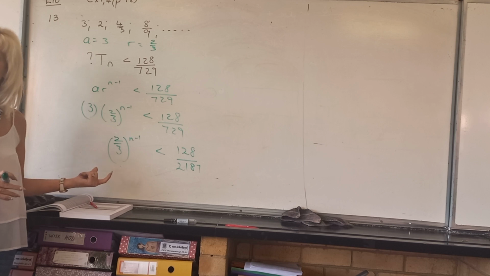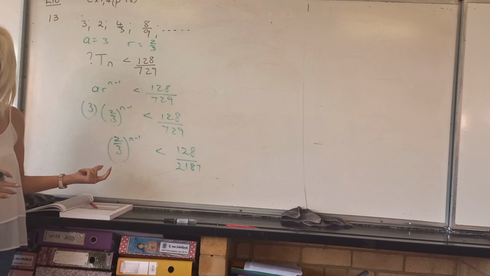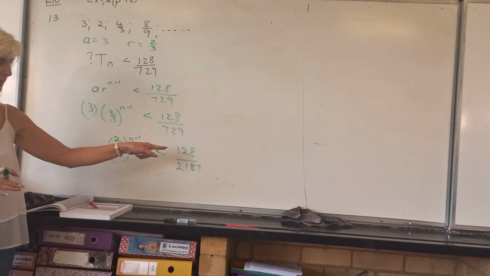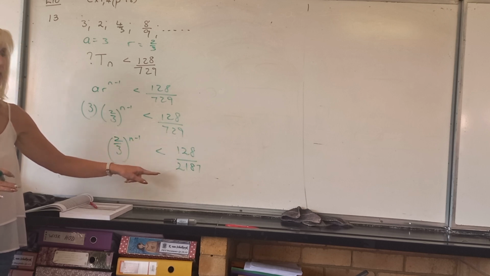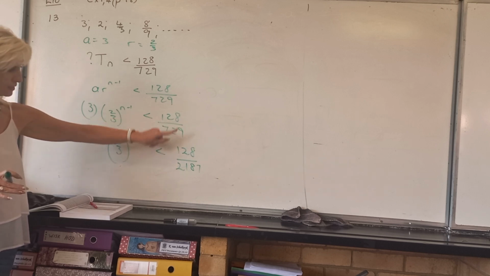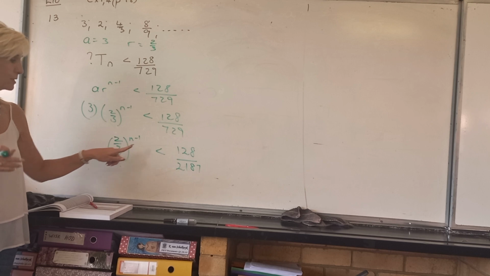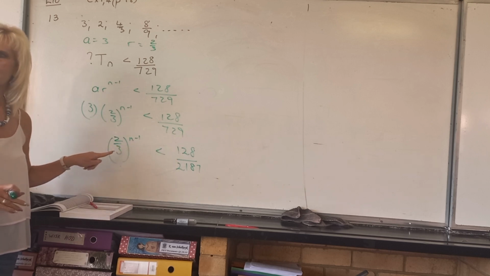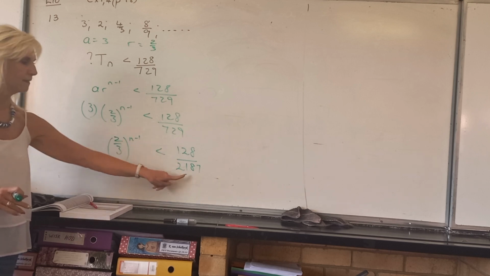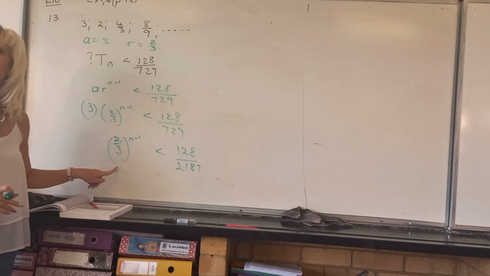Alright, so now, thinking about what I just said, this should become what? 2 over 3. How would I do that? With prime factors, with my calculator. But don't put in 128 over 2187 in your calculator and say prime factors. Put them separately. Because this, I'm guessing, is going to be 2 to the something. And this, I'm guessing, is going to be 3 to the something.